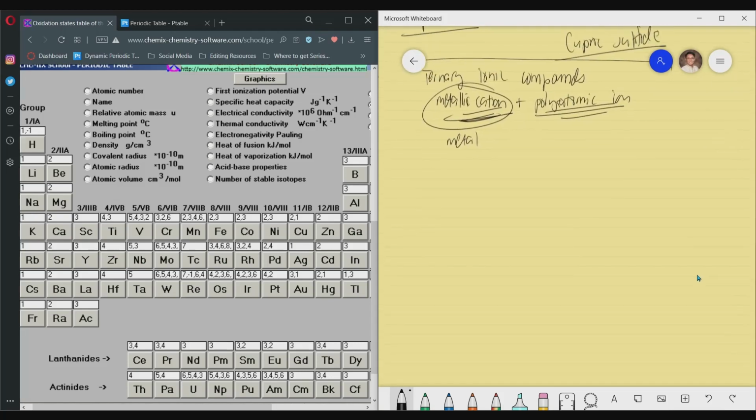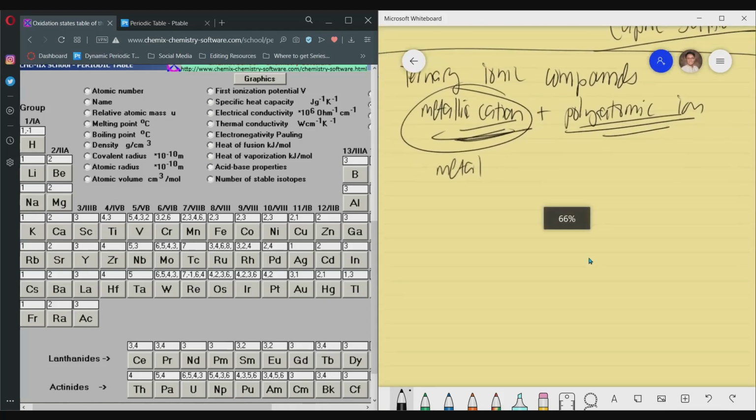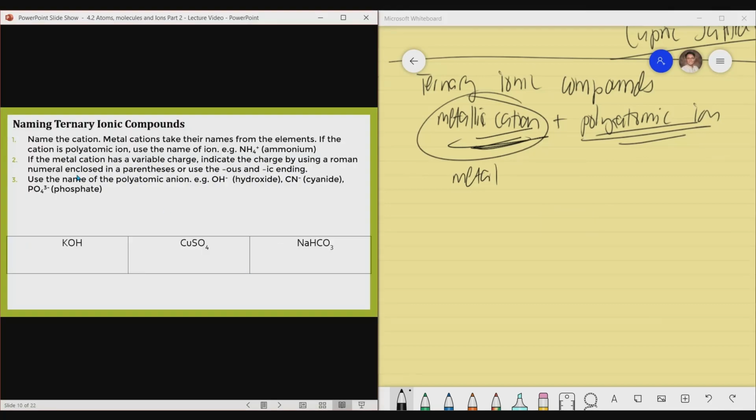Kaya nga nakalagay dun sa instruction, so going back with the PowerPoint, if the metal cation has a variable charge, it's either mag-stock or mag-classical ka. Pero I really suggest use the stock system na lang. And then third procedure, use the name of the polyatomic ion. Actually, the format first.